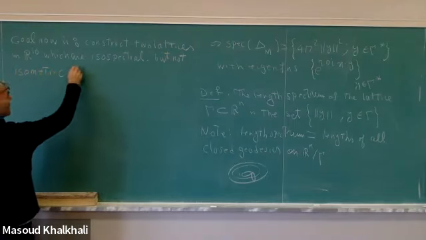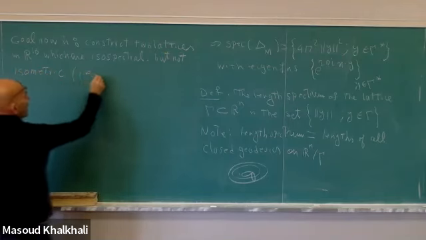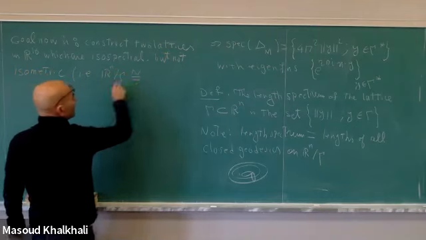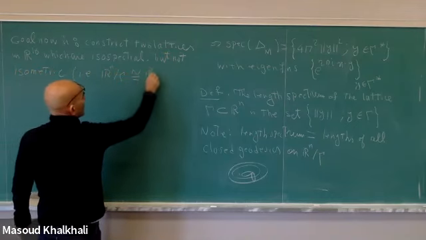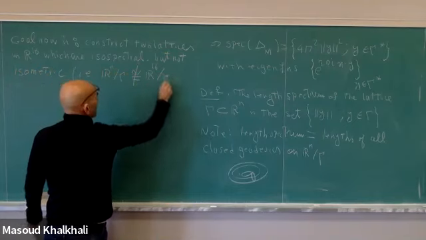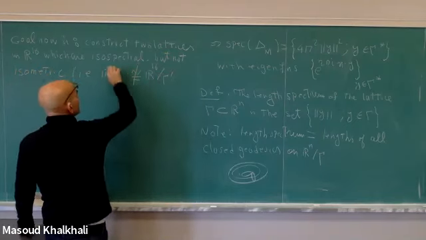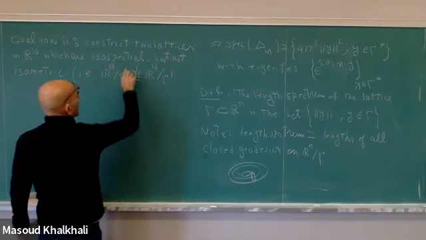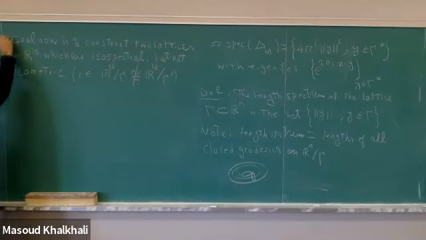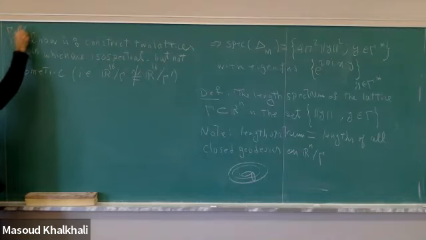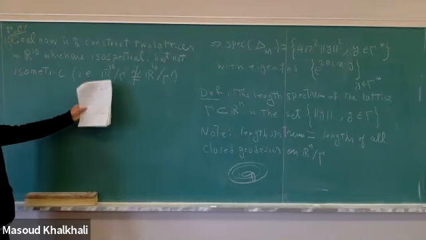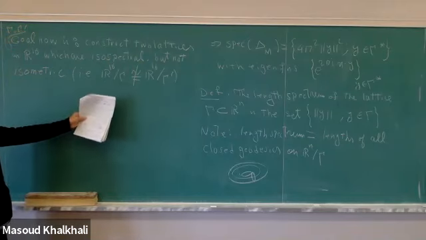You can think of it in the following sense, i.e. Rn mod gamma is not isometrically equivalent to R16 mod gamma prime. Construct two lattices, gamma and gamma prime, in R16, which are isospectral, but not isometric.